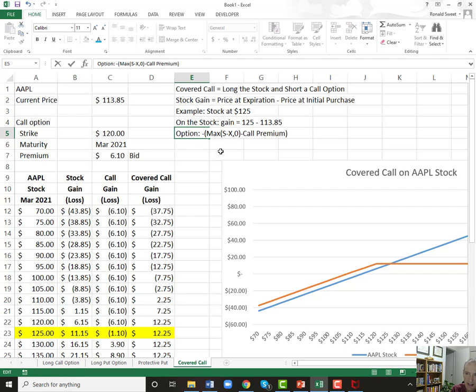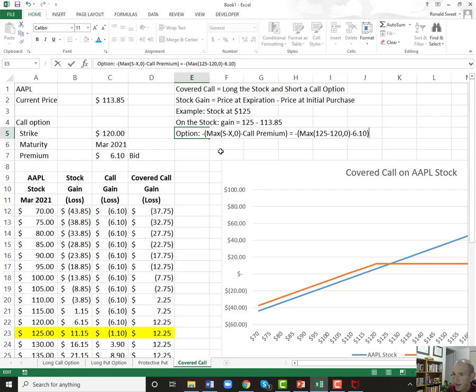All right, so you calculate it just like you did before, and that's what I did right here. I calculated just as before. So here, what do we have? That's going to be equal minus the max of 125 minus 120, comma 0. Well, that's $5 minus $6.10.